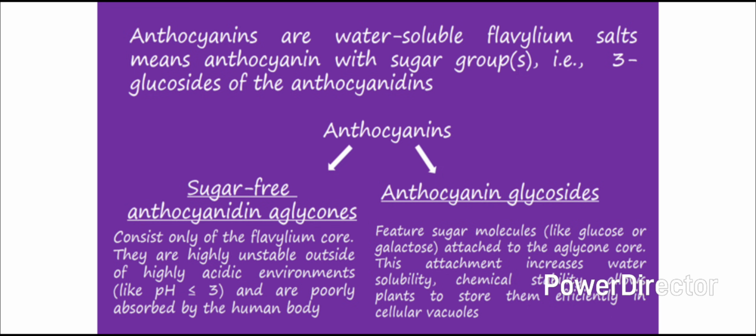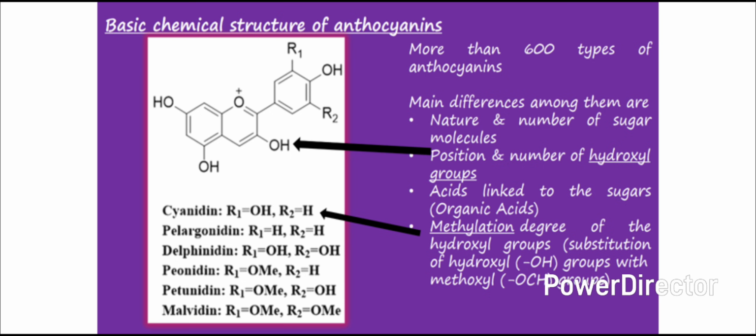Here is the basic chemical structure of anthocyanin. There are more than 600 types of anthocyanins, and the main differences among them are the nature and number of sugar molecules present, the position and number of hydroxyl groups, the acids linked to the sugars, and the methylation degree of hydroxyl groups.